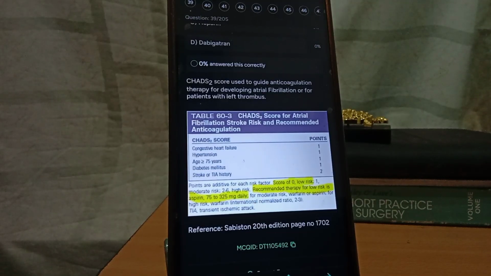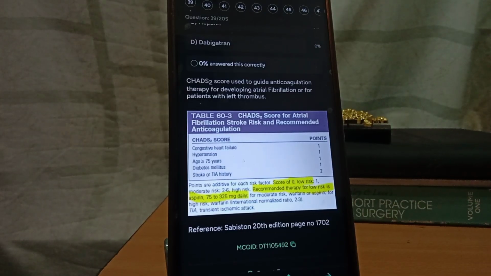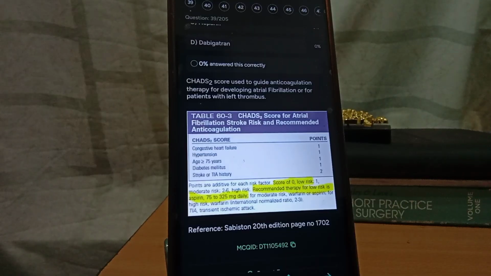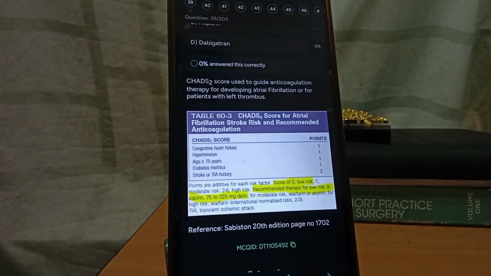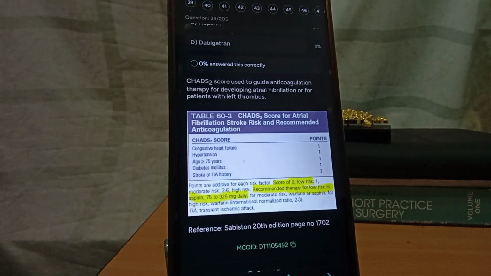Points are congestive cardiac failure 1, hypertension 1, age more than 75 1, diabetes 1, and previous history of stroke 2. So points are additive for each other. Score 0 to 1 is low risk, moderate is 2 to 6, and high risk. Recommended therapy for low risk is aspirin 75 to 325 mg daily. For moderate risk, warfarin or aspirin, and for high risk, warfarin.